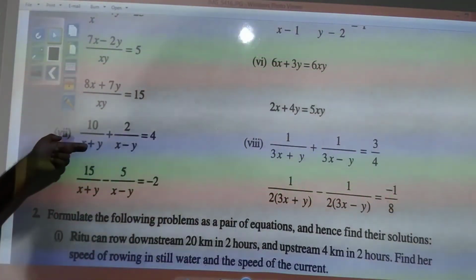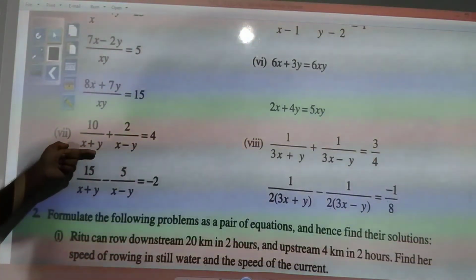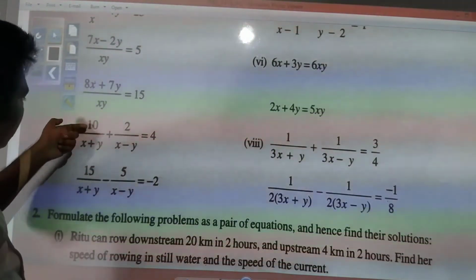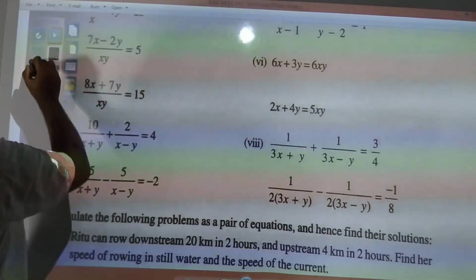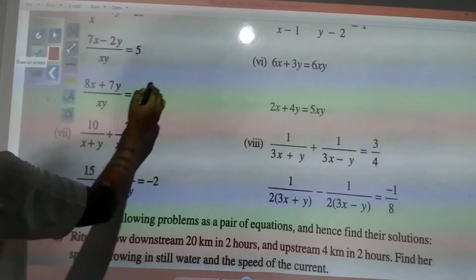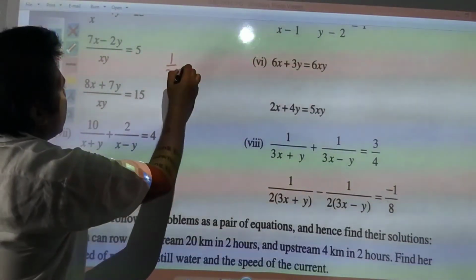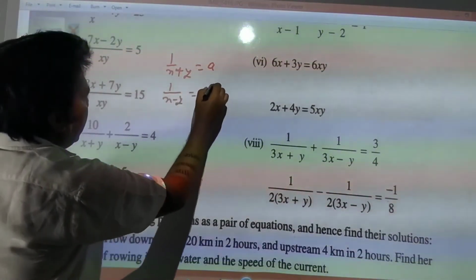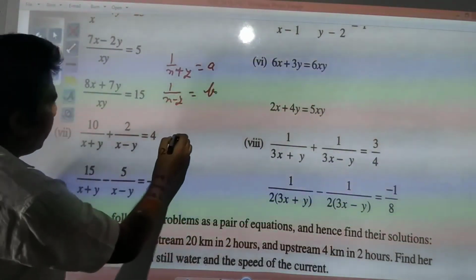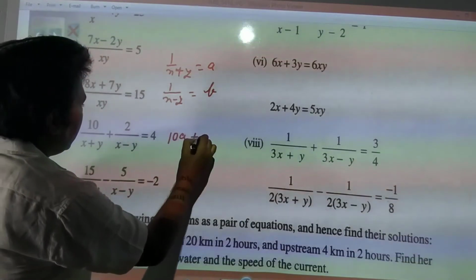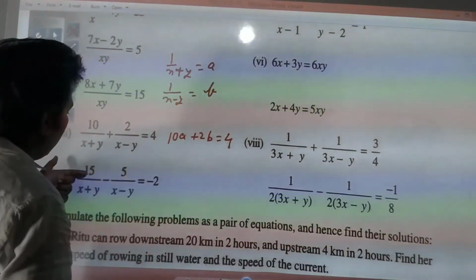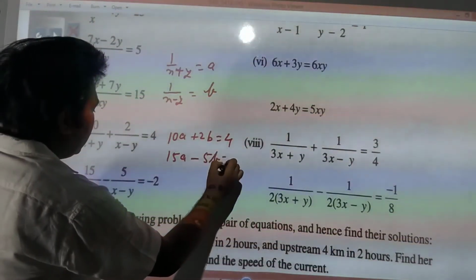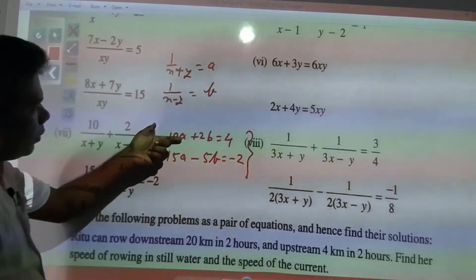This you need to do what? 1 by x plus y you assume a, and 1 by x minus y you assume b. So your equations will be 10a plus 2b is equal to 4 and 15a minus 5b is equal to minus 2, and these equations you have got.